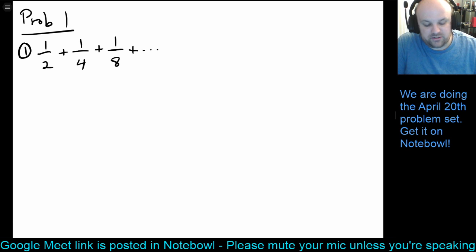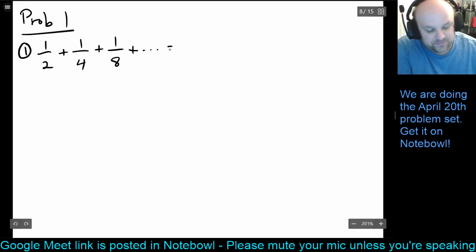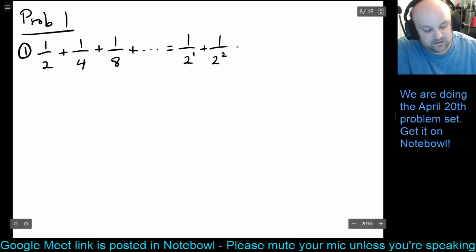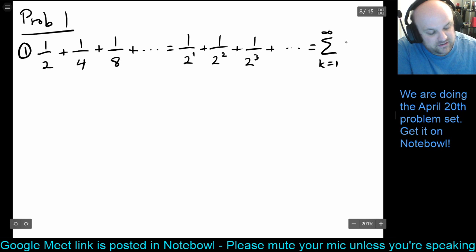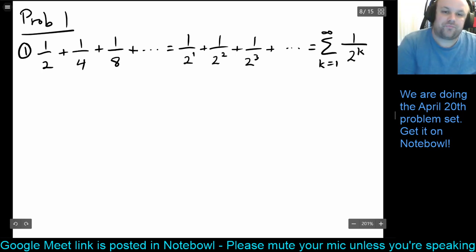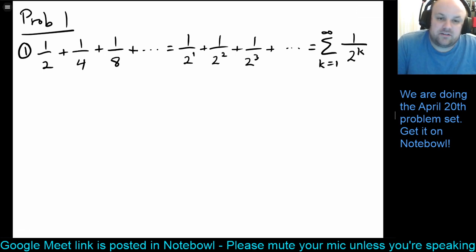We have 1/2, 1/2 squared, 1/2 cubed. This is really a geometric series. So this is the series k equals 1 to infinity of 1/2 to the k. Right? That's really what's going on here.